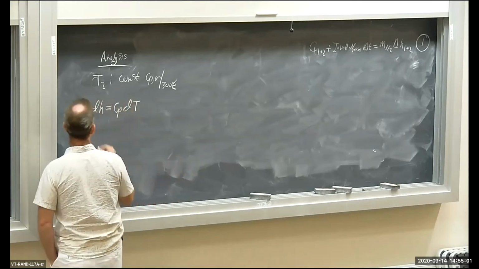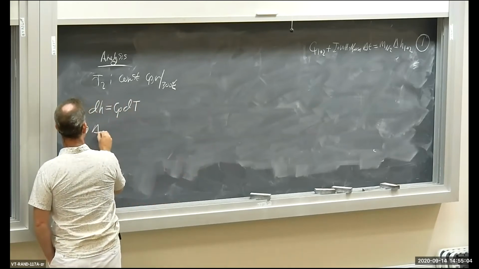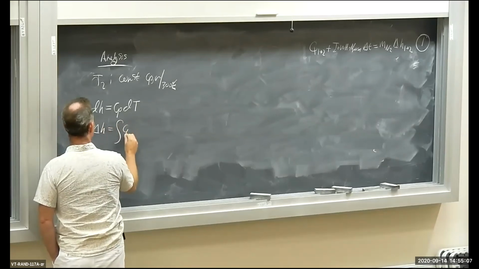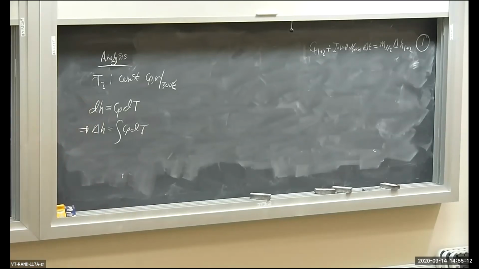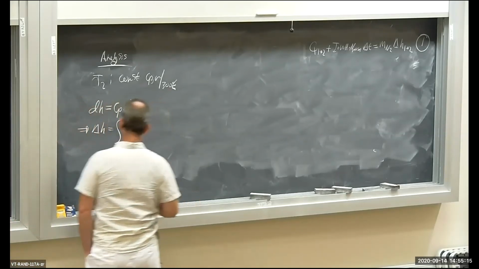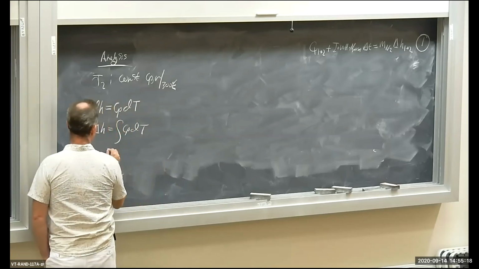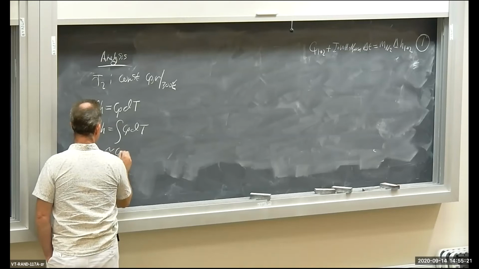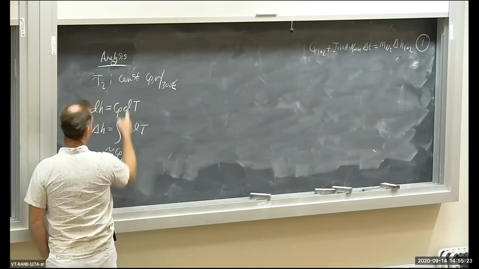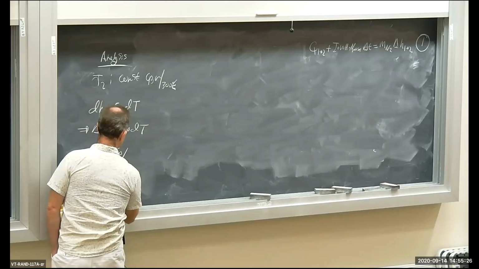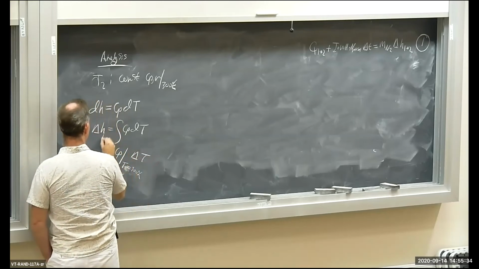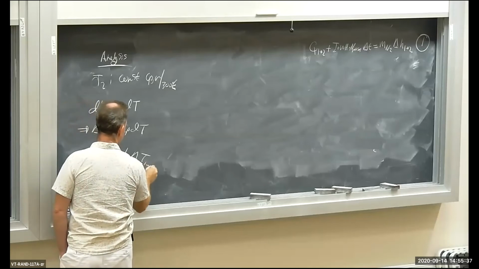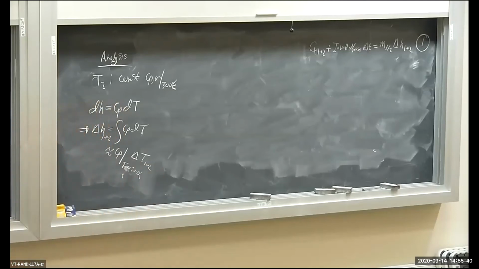Or integrating both sides, delta H is equal to the integral of Cp dT. And this is true for a gas. And if we assume constant specific heat, we get approximately Cp evaluated at 300 degrees Kelvin, times delta T. And this is going to be delta H and delta T from state 1 to state 2. Okay?